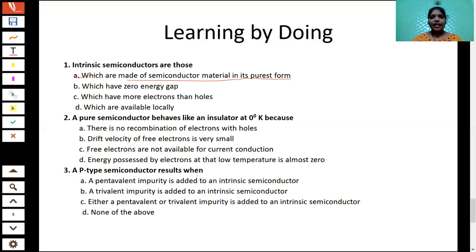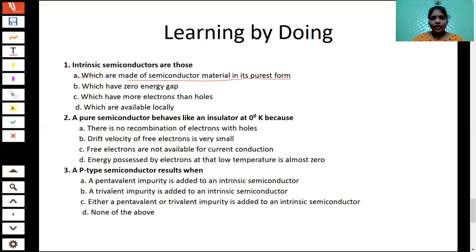When the temperature increases above 0 degree Kelvin, the electrons in the valence shell get enough energy to break the covalent bond and move to the conduction band. The electrons that move out of the valence band are called free electrons.